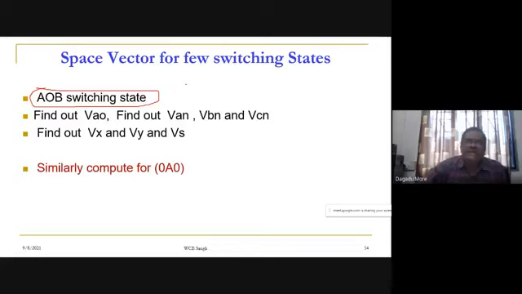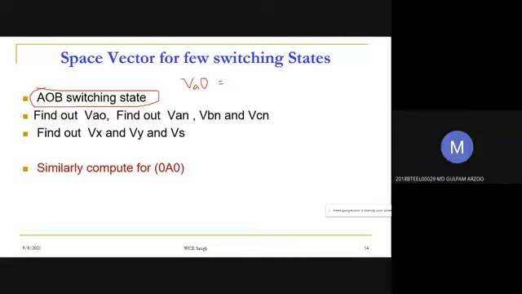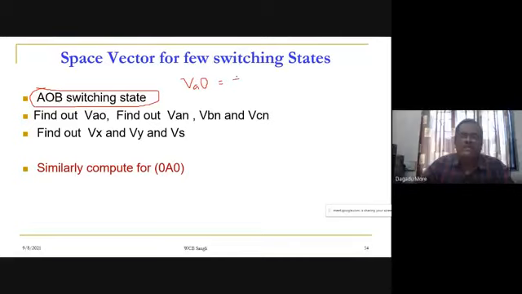For the first leg A, what is our VAO here? This A means the upper device is on. So VAO will be plus VDC by 2. Then for the second leg O, what is VBO? VBO is 0, is it right?